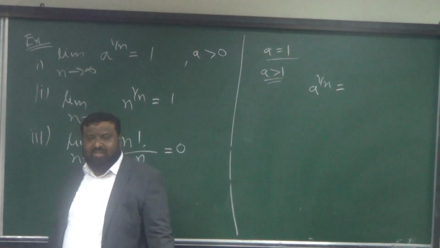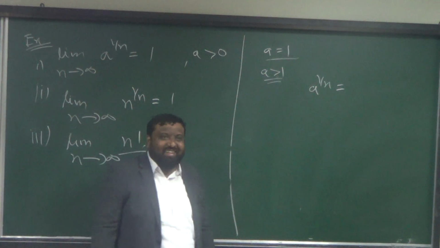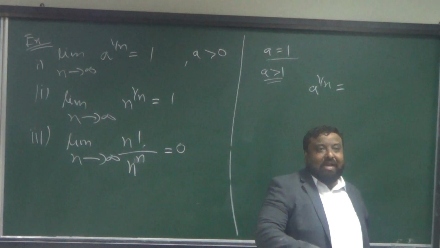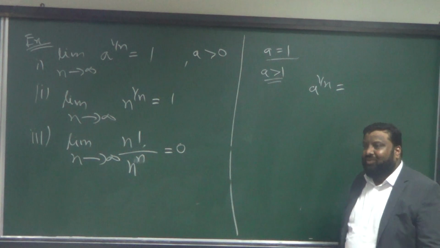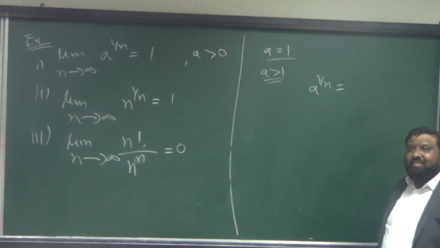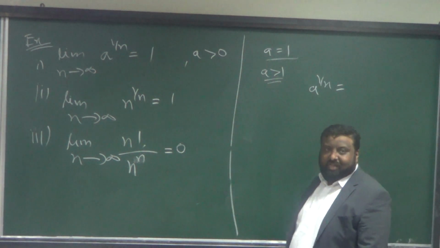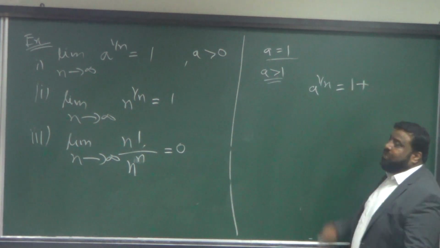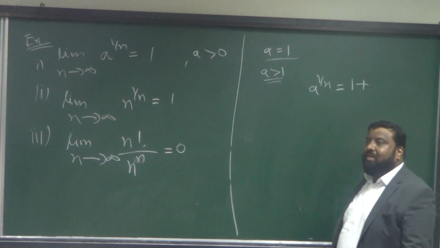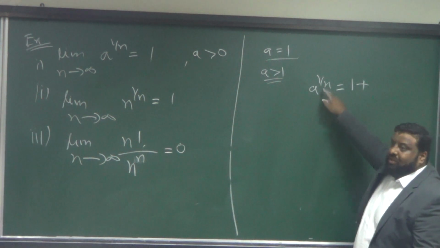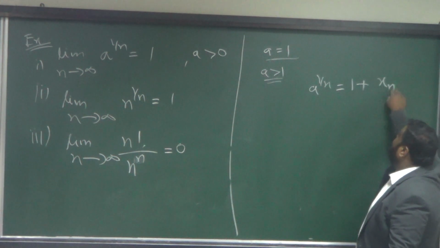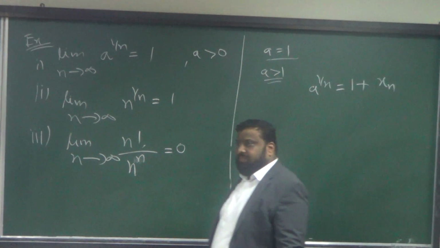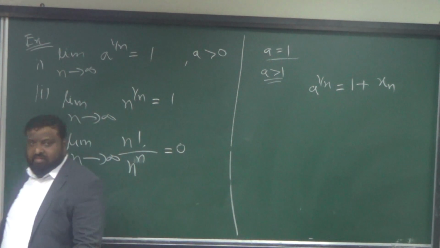It should be between 0 and 1. Isn't it that it should be bigger than 1? Yes, always. So the nth root should be bigger than 1, so it should be 1 plus something. That something depends on n, so I'm calling it xn. So it's 1 plus xn.